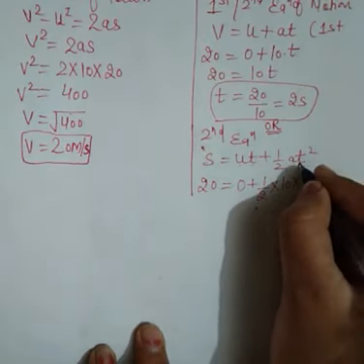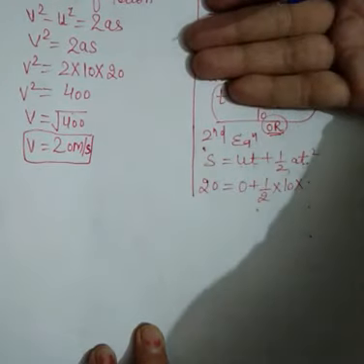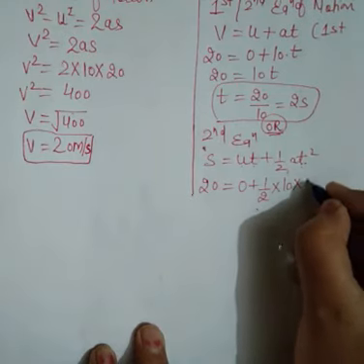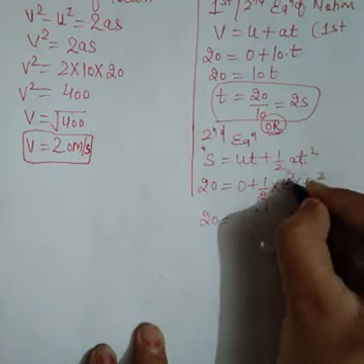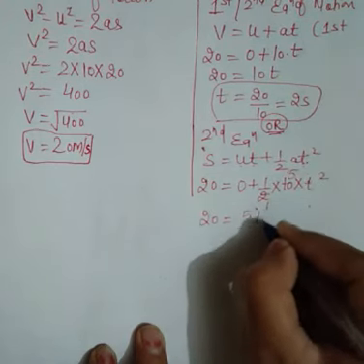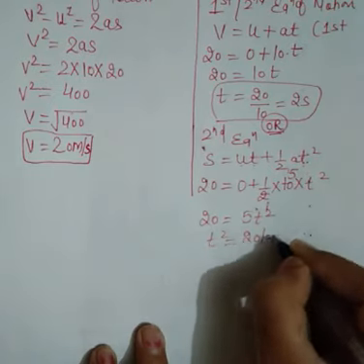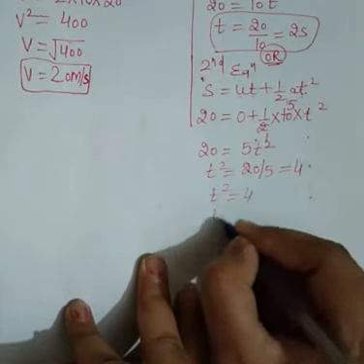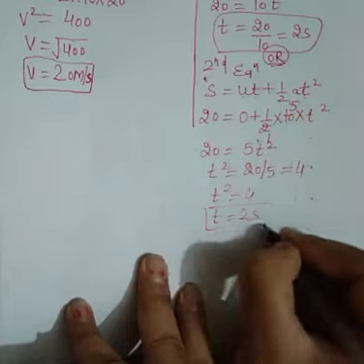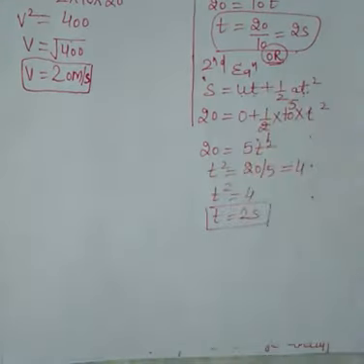T is to be calculated, t square. So 20 equals 2 ones are 2, 2 fives are 5 t square. So t square will be equal to 20 by 5, which is 4. So t square equals 4, and t equals 2 seconds. In the same way the result is obtained, t equals 2 seconds.